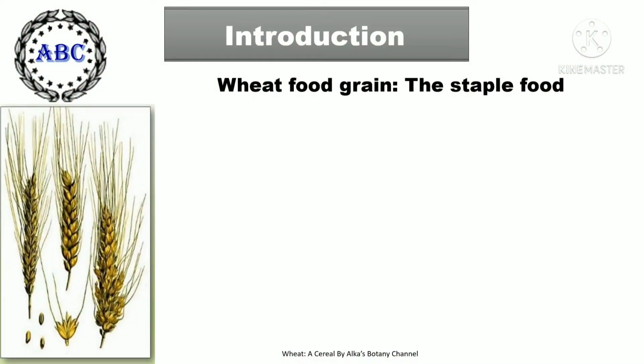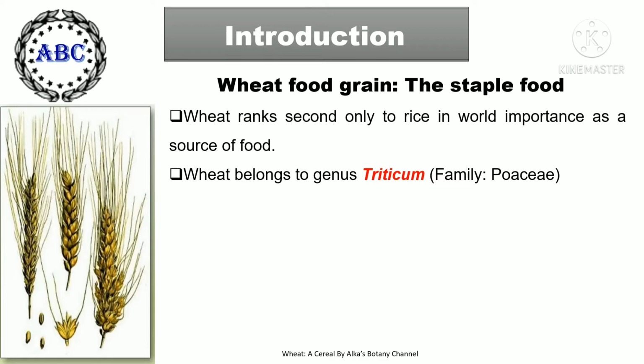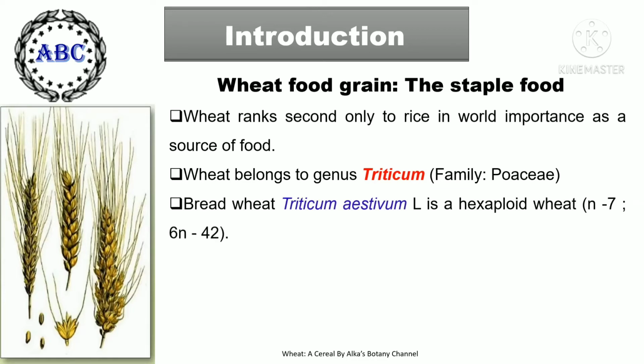In the introductory part, wheat is a food grain and a staple food in the world. Wheat ranks second only to rice in world importance as a source of food material. Wheat belongs to genus Triticum, family Poaceae. Bread wheat, Triticum aestivum, is a hexaploid wheat.